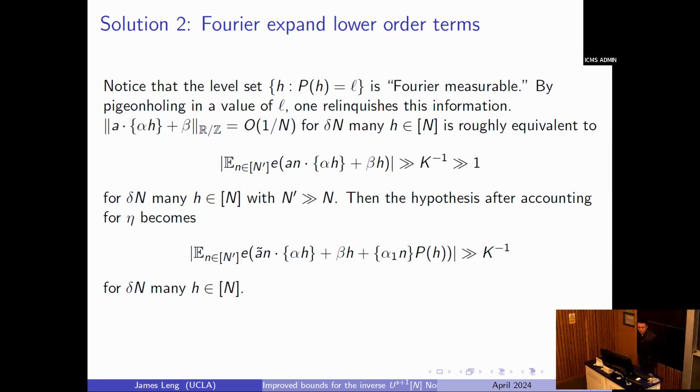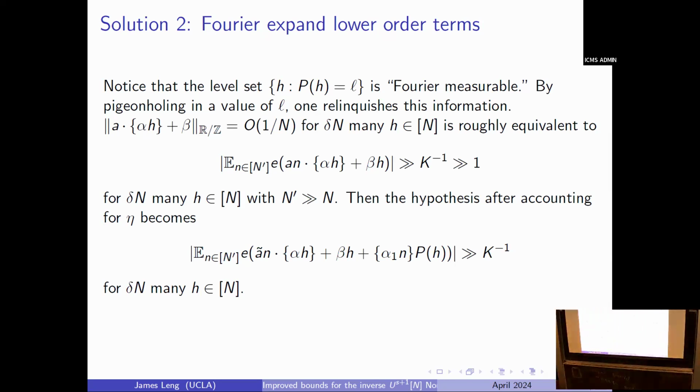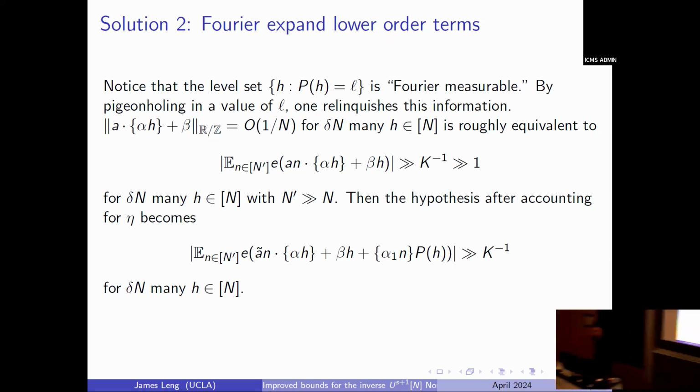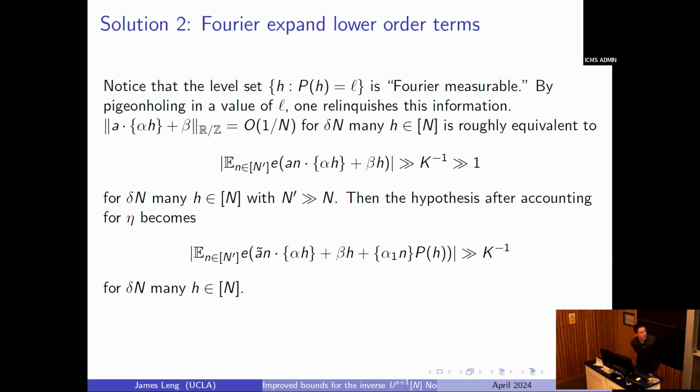So A dot alpha H plus beta being really close to an integer for a bunch of H's is roughly equivalent to: if I take this exponential sum, E of A n dot alpha H plus beta n, that's going to be large for also proportion delta many H's.